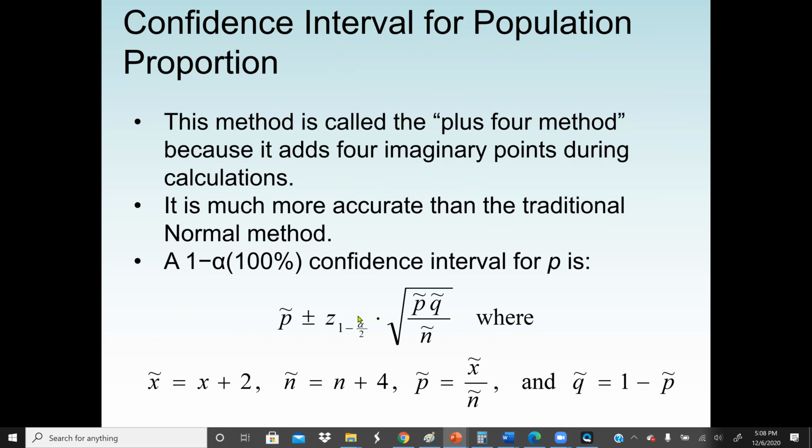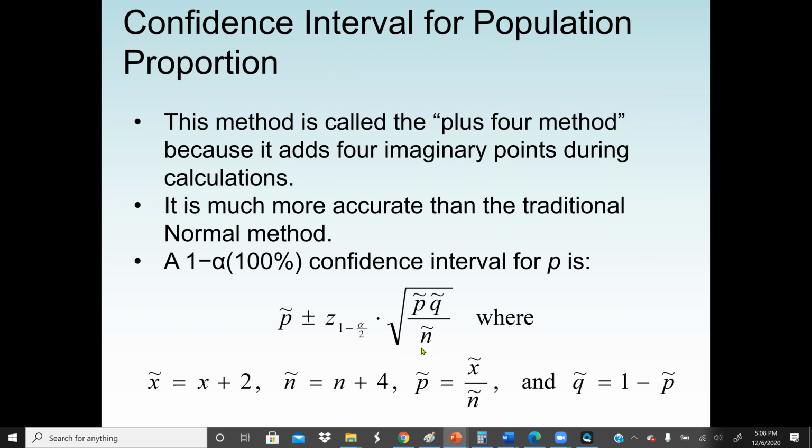Here we are using categorical data and cannot find the mean, so it will be the proportion plus or minus the margin of error. The margin of error is z of 1 minus alpha over 2 times SE, the standard error, which is the standard deviation of the sample. And here it is the square root of p-hat q-hat over n-hat. This is also a standard deviation formula.